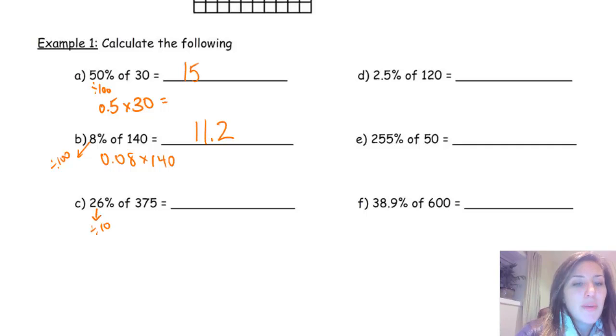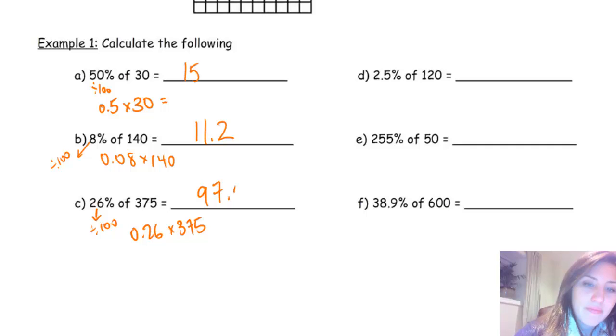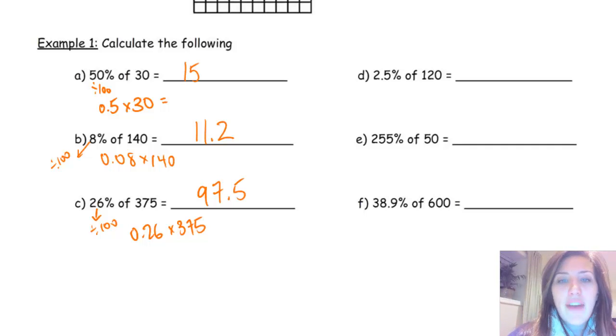Divide 26 by 100. We get 0.26 times 375. If you plug that into your calculator, you should get 97.5. Next, 2.5 divided by 100 is going to give you 0.025 times 120. And this will give you the answer of 3.